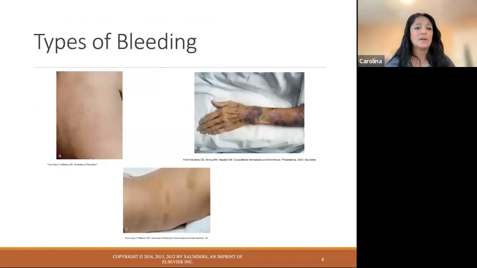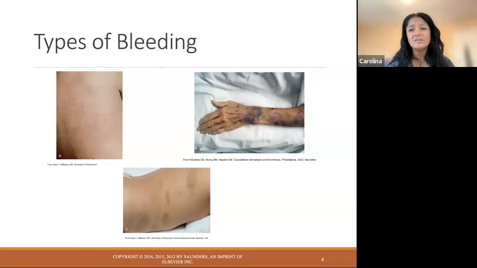So these pictures are from your textbook. On the left, where you see A, that's petechiae. So that's bleeding into the skin. That's pinpoint hemorrhages, about 1 millimeter in diameter, very, very tiny red dots, or kind of purple dots. In picture B, at the top right, what you're seeing is more like purpura, so larger bruises, okay?